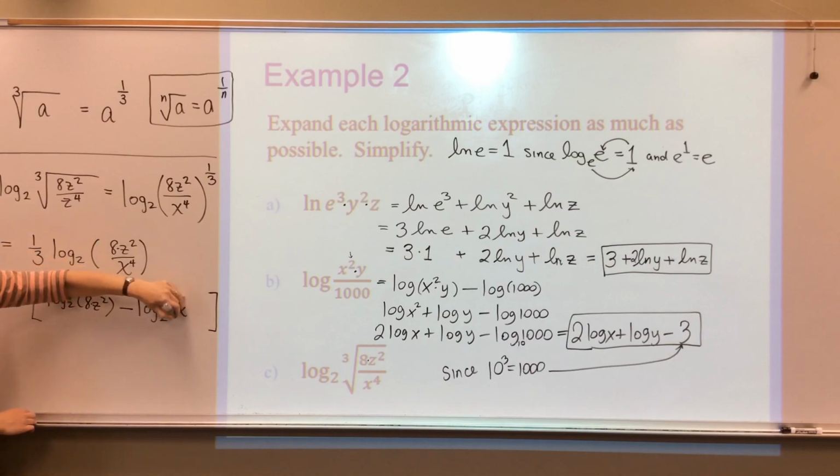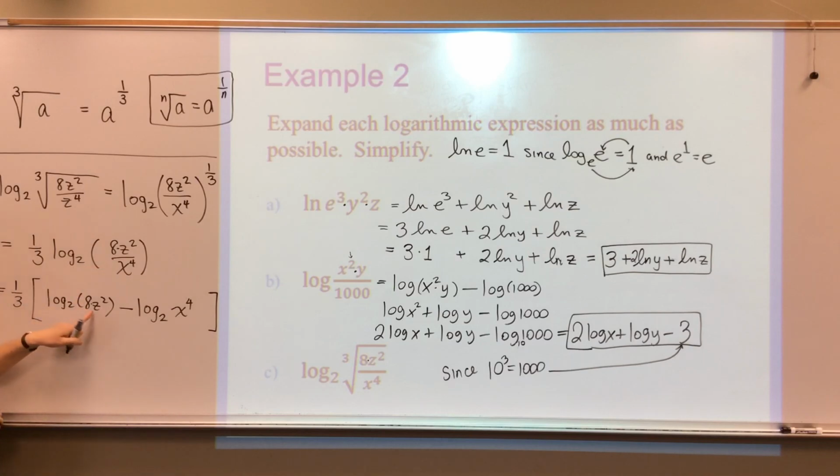Quotient rule says to subtract. And then this is still a product, and it's not a product with a square on the outside, it's just the square on the z. So I can't bring that 2 down, but I can break it up into 2 parts, part of which has z squared, and then bring the 2 down.